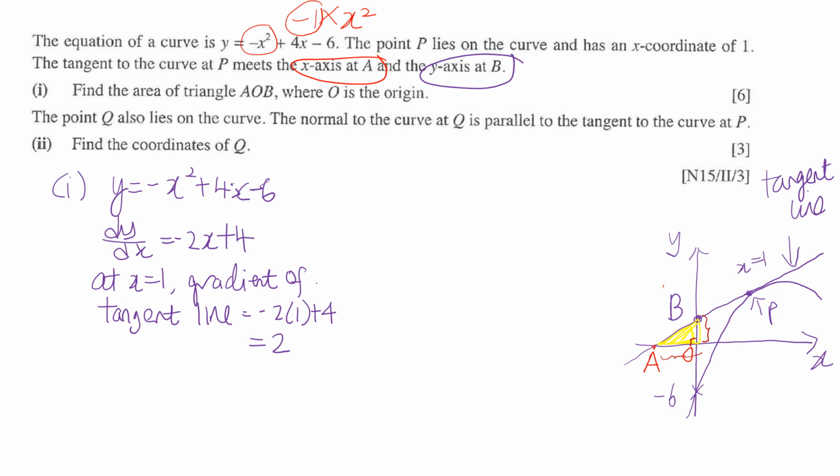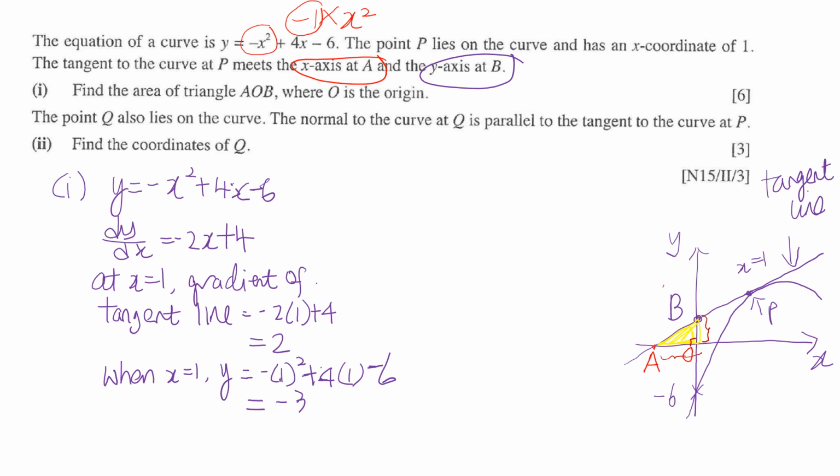That means we need to know when x is equal to 1, what is our y coordinate. And that gives you negative 3.